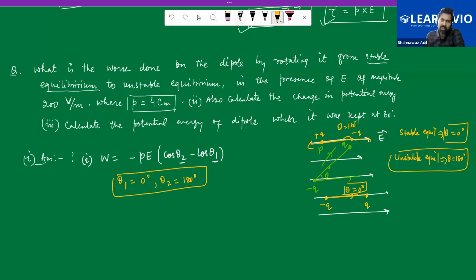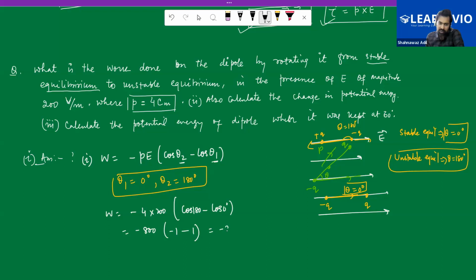So then what would be the work? The work done is minus P is 4, electric field is 200, theta 2 cos 180 minus theta 1 cos 0. So this is minus 800 into minus 1 minus 1.